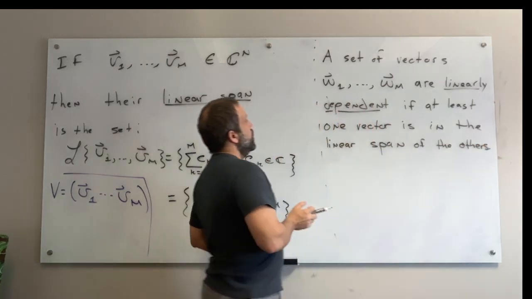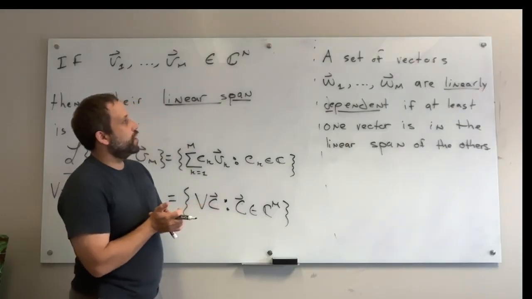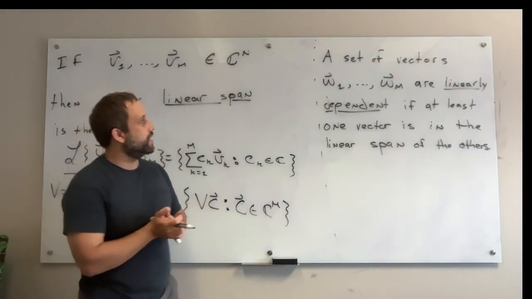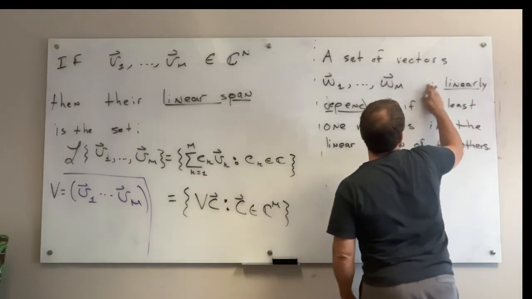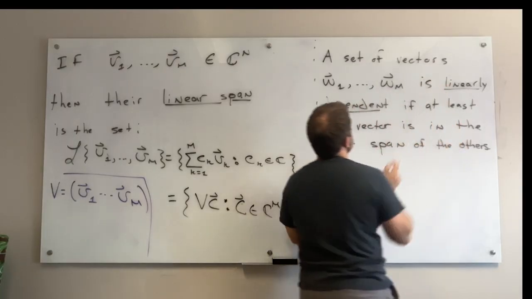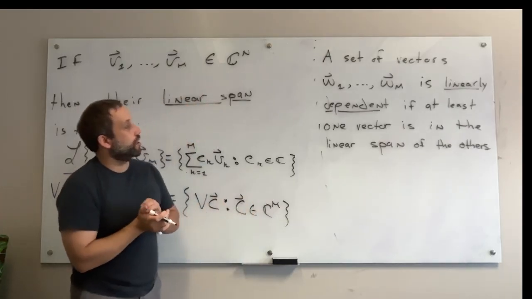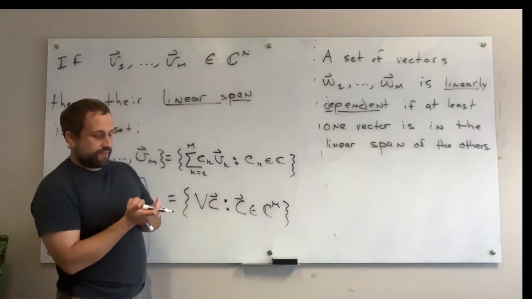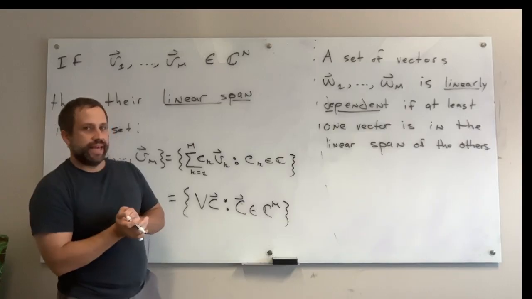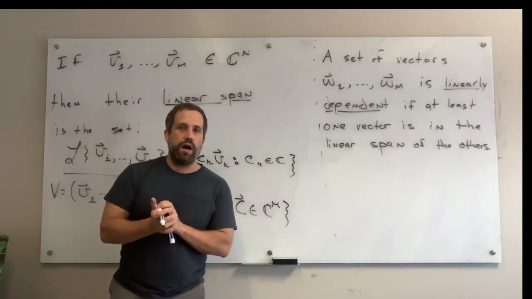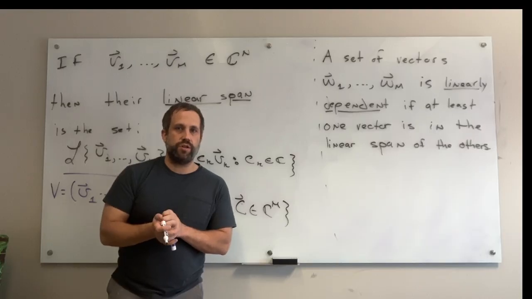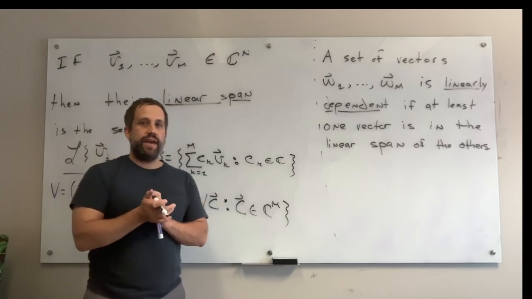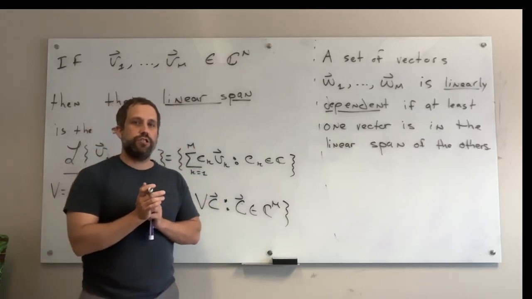Okay. So a set of vectors W1 through Wm, we say that set is linearly dependent, and actually set here is singular, so we should say a set of vectors is linearly dependent if at least one vector is in the linear span of the others. Okay, so again, let me say that one more time. A set of vectors is linearly dependent if at least one vector is in the linear span of the others.